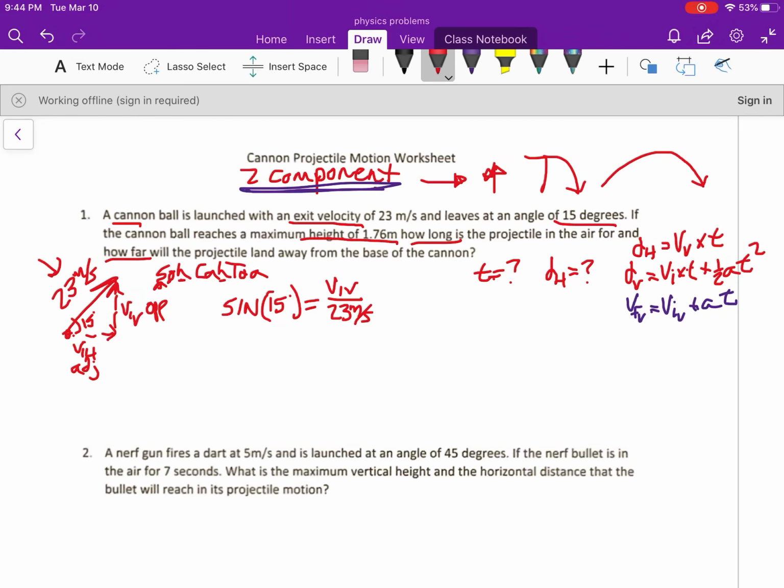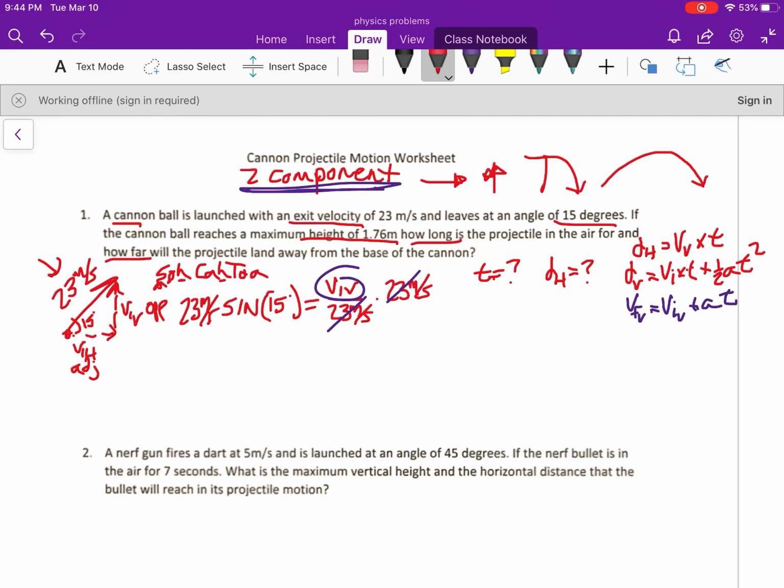In order to solve this, I just multiply 23 meters per second to both sides to cancel it from this side and get my initial vertical velocity by itself, and then I'll multiply it to the other side. So to solve for the initial vertical velocity, I'll take 23 times sine of 15.